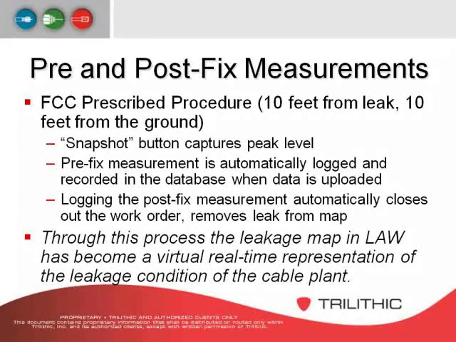Before you actually make the repair, when you identify that yes, there is truly a 200 microvolt per meter leak here, you hit the snapshot button on the leakage detector, and it's going to record a pre-fix measurement. Once you make the repair, you do a post-fix, and that gives you the microvolt per meter reading after you made the repairs.